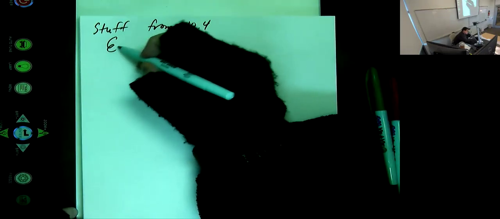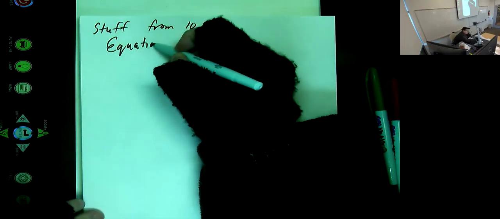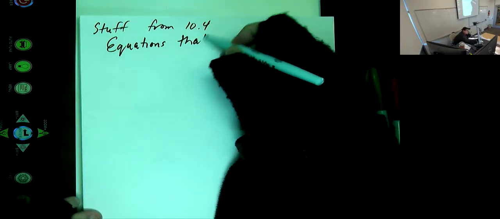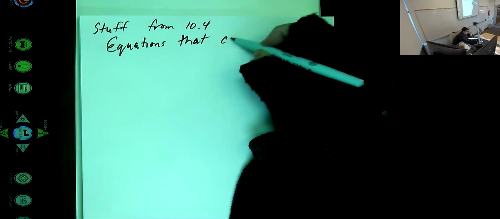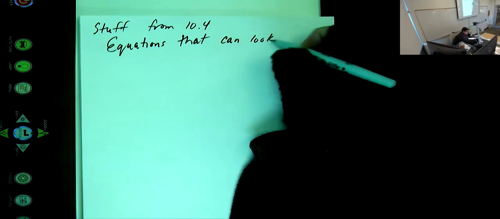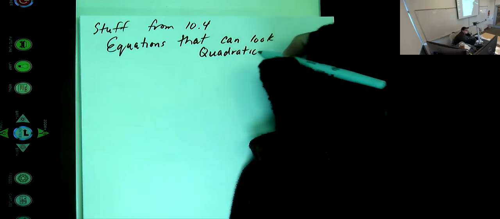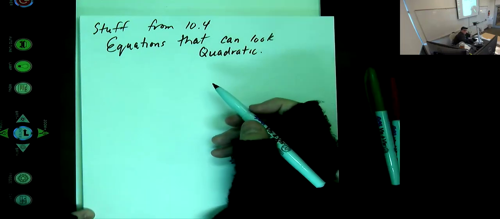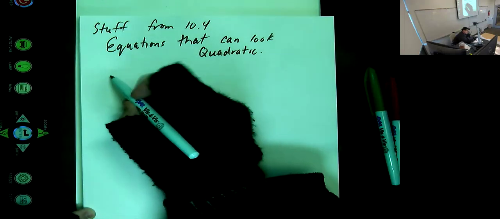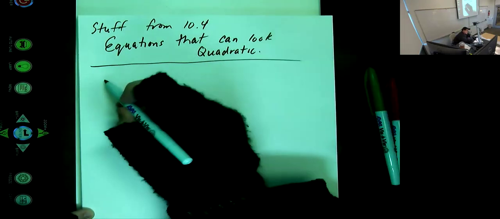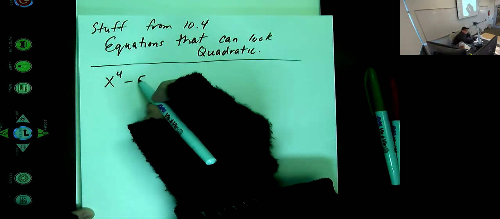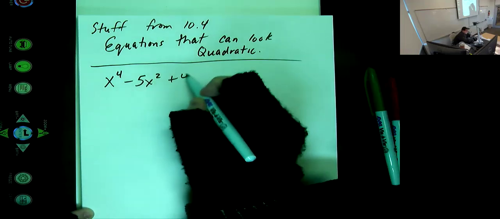Equations that look quadratic, or can look quadratic. My first example is going to be x to the fourth minus 5x squared plus 4 equals 0.